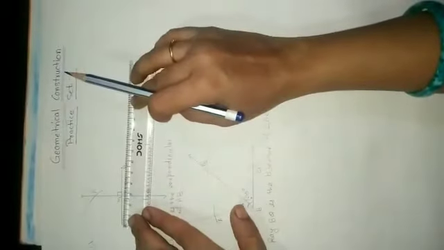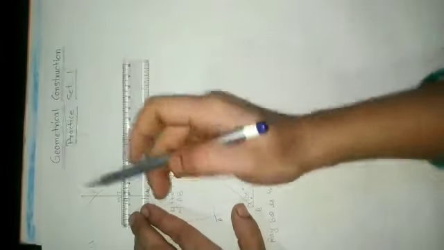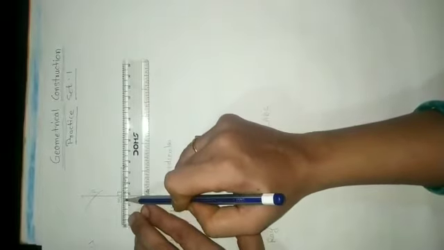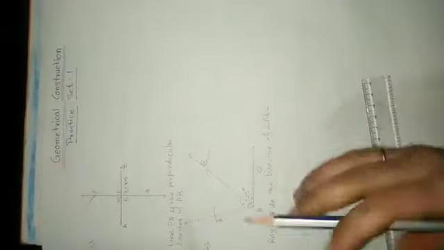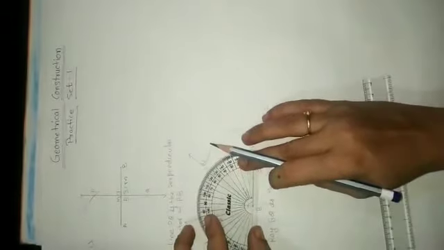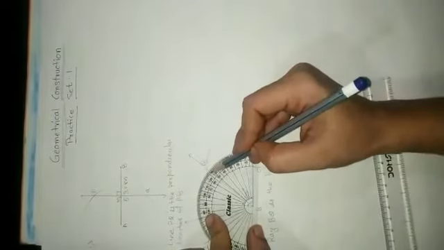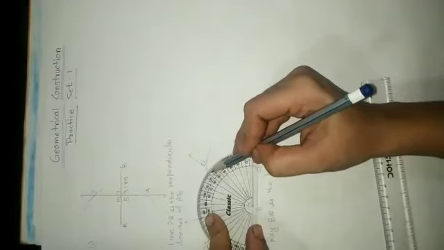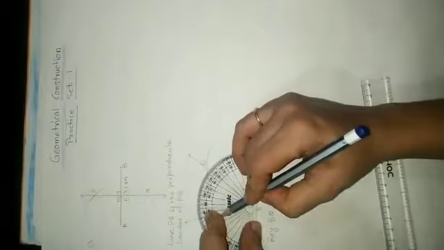Let's check that. Half of 5.3 is 2.75. And half of 105 is 52.5. One part is equal to 52.5 and the other part will be equal to 52.5. Clear?